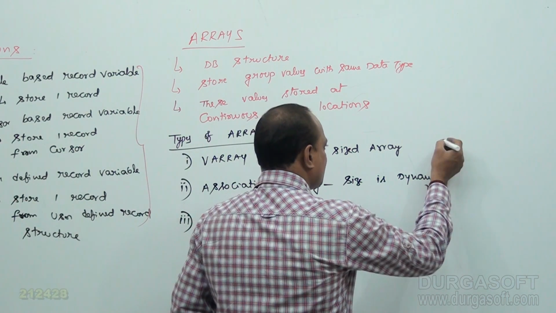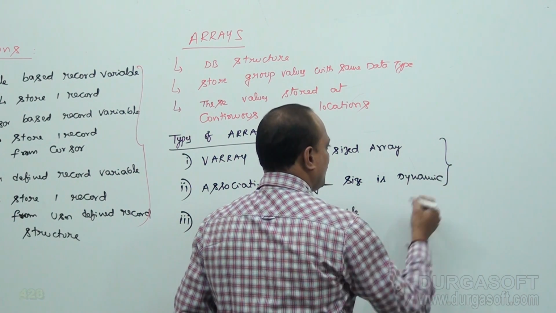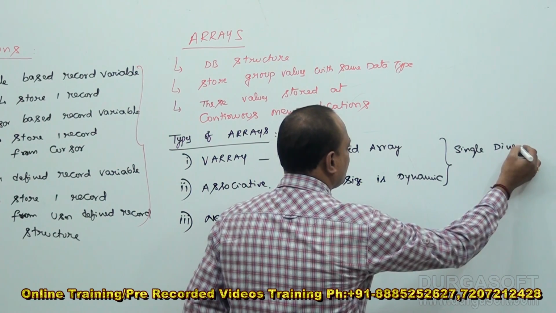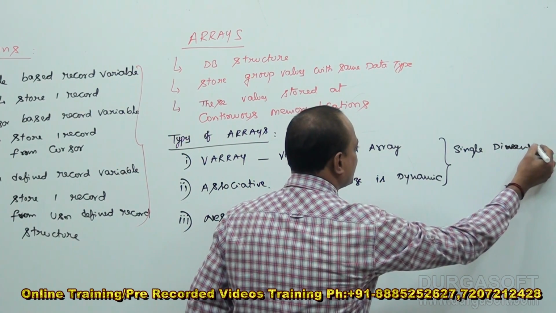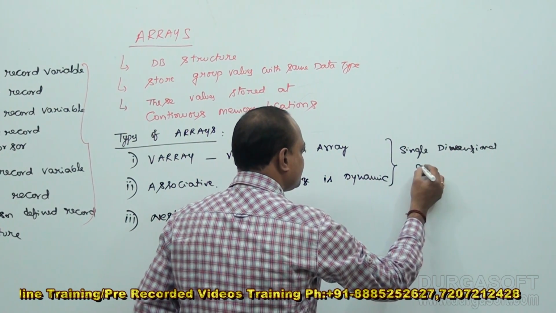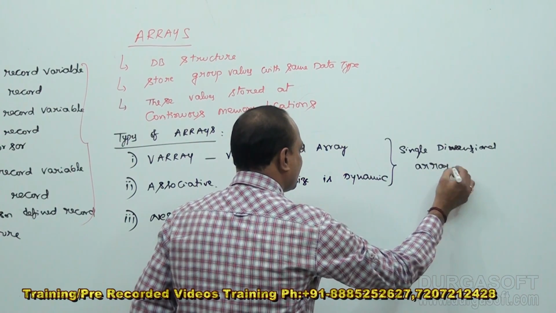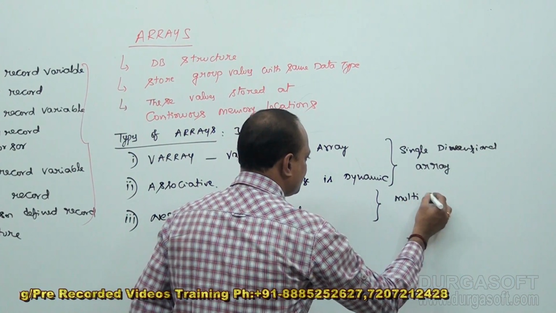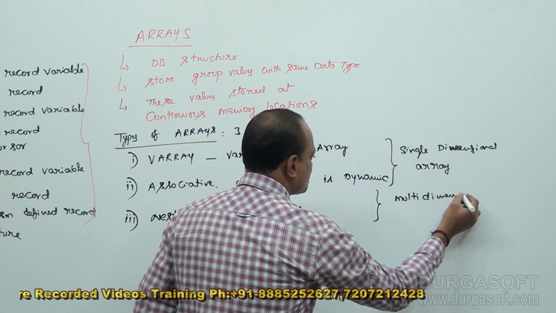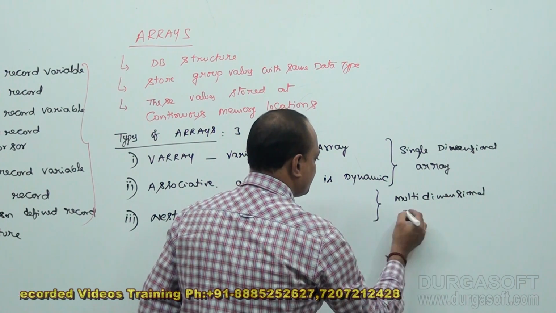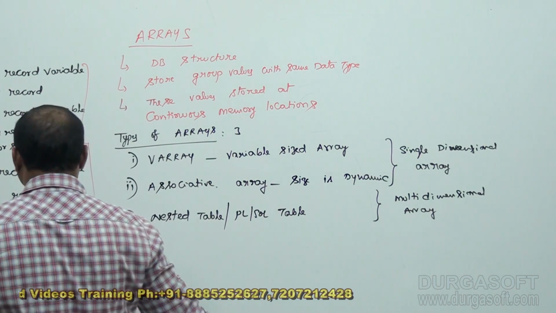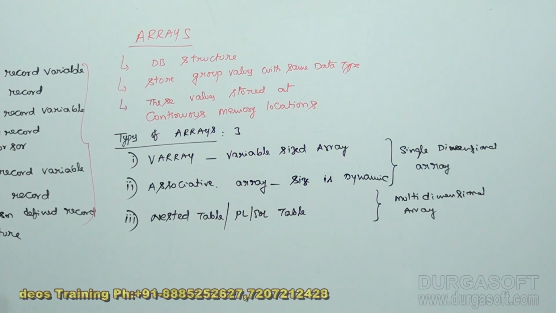See, these first 2 types are called as single dimensional array. And the last category is known as multi-dimensional array. Remember this.